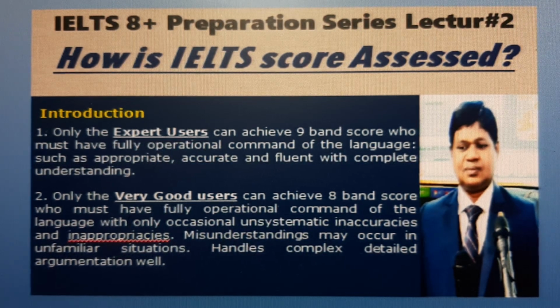That ends with a fraction below 0.25. So round down to the whole and your overall band score will be 6.0.